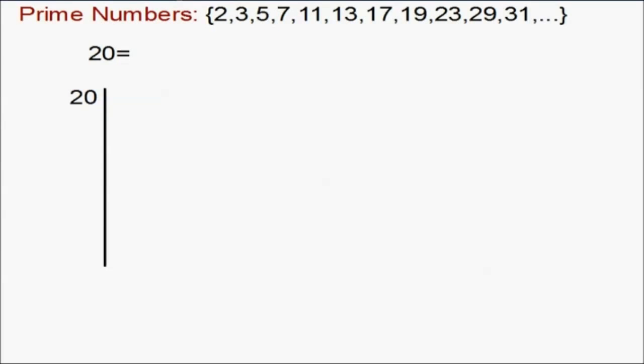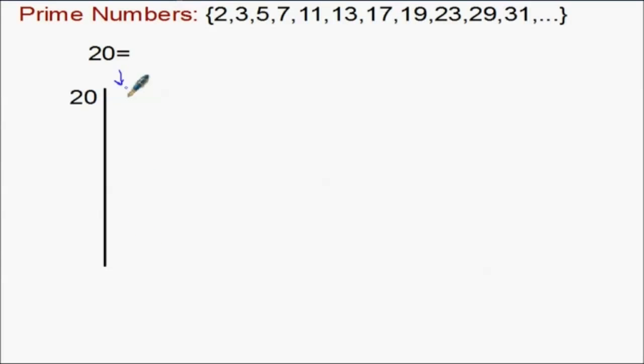Firstly, we write the number 20, we draw a vertical line, and on this side of the line, I will use only the prime numbers. From up to down, there will be prime numbers. They must be from smallest to biggest.